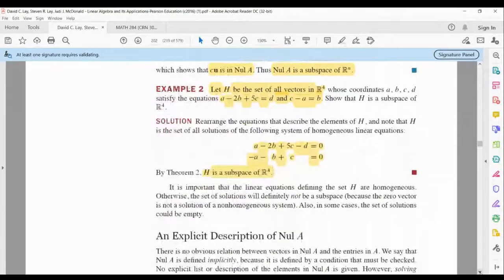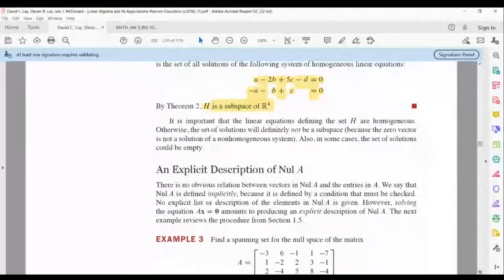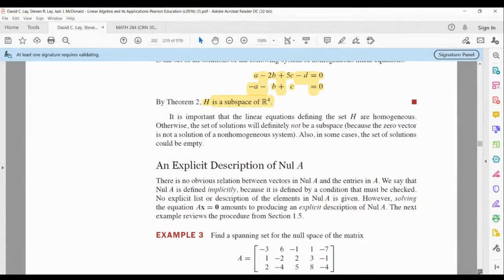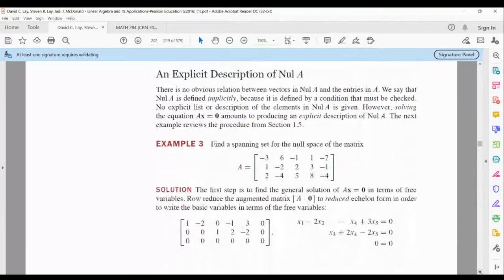Okay. So now an explicit description of the null space. Here in example 3, they want you to find a spanning set for the null space of the matrix. So remember, when you have a subspace, there are vectors that generate the subspace.